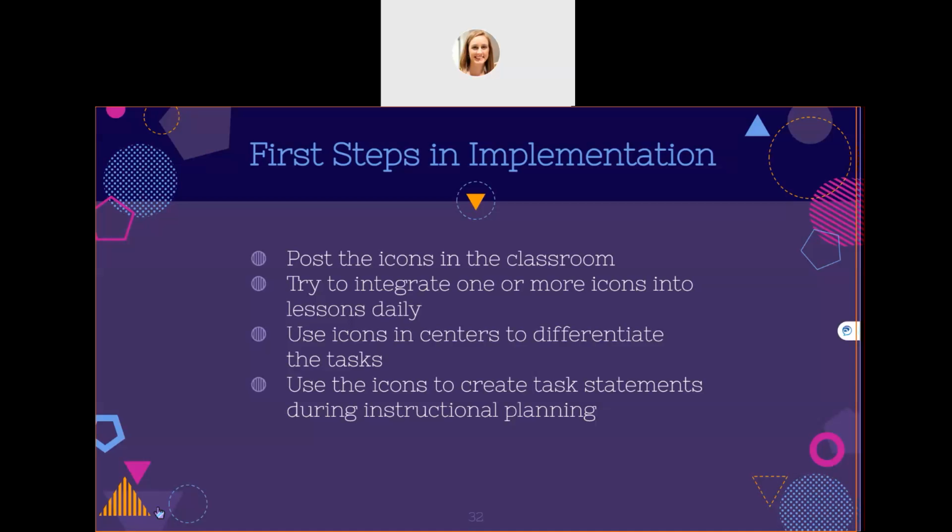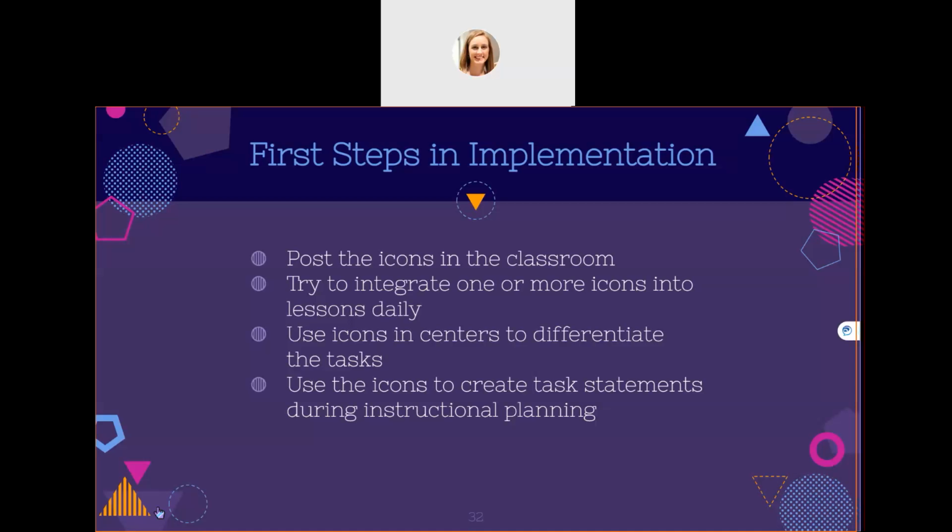First, you could post the icons in your classroom to generate interest with the students. You can try to integrate one or more icons into your daily lessons. You can use the icons in centers to differentiate the tasks that students will be completing. You can also use the icons to create task statements during your instructional planning.